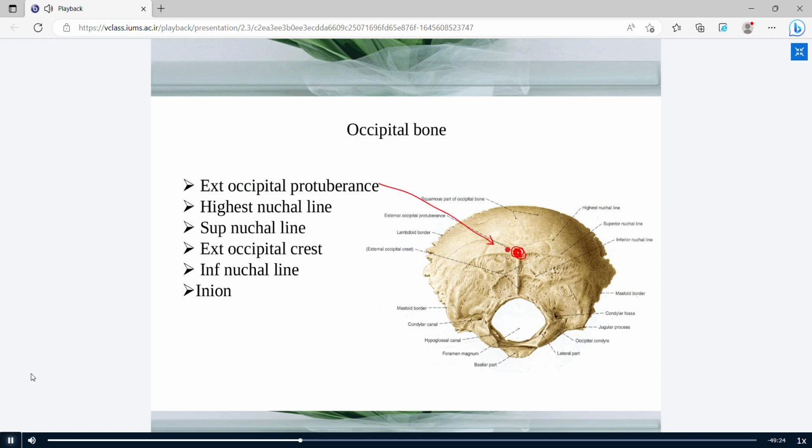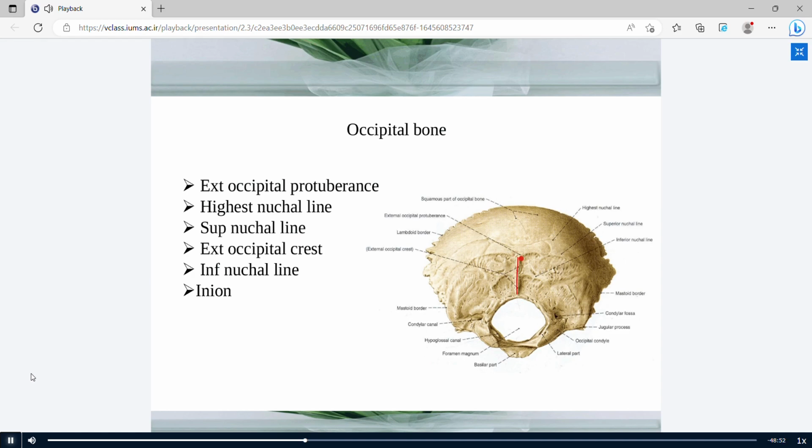From the protuberance, a crest runs from the eminence to the foramen magnum. The name of the crest is the external occipital crest.